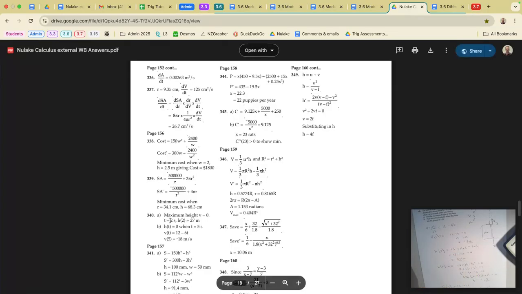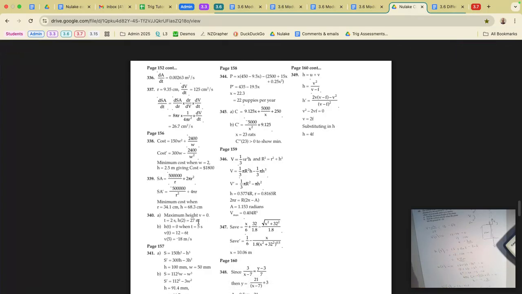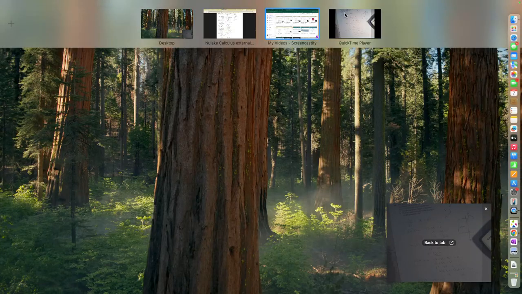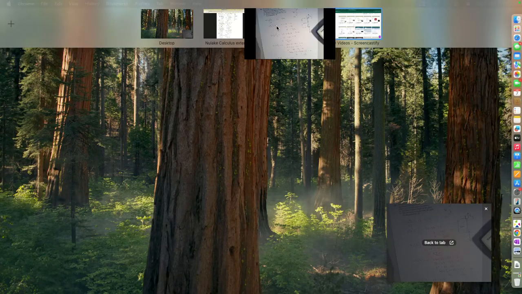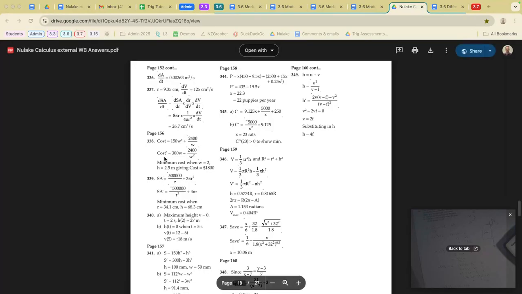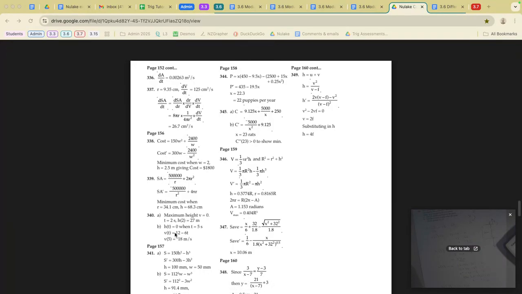So we're looking at t equals 2 seconds. H of 2 is 27. Yeah, so we said at 2 seconds, h is 27. And put h equals 0, solve that, and there's the answer there.